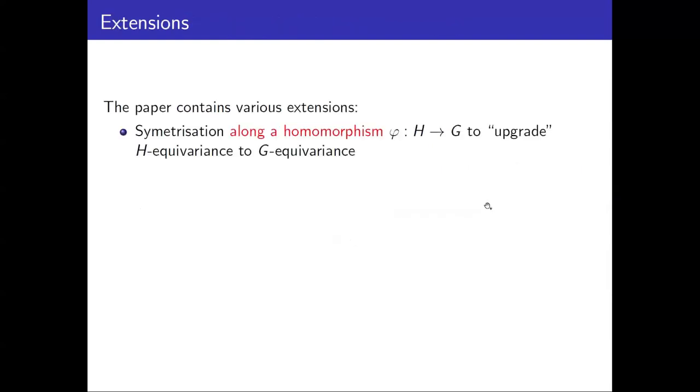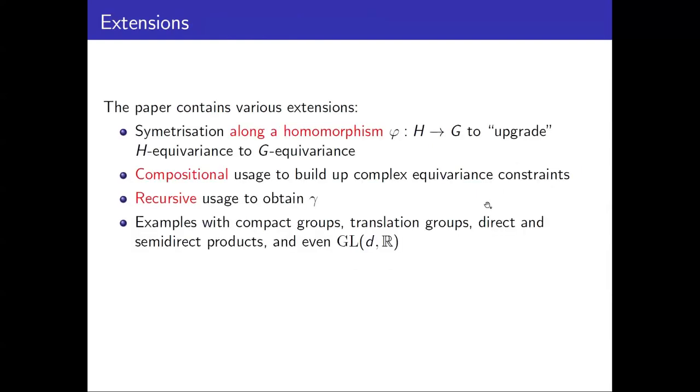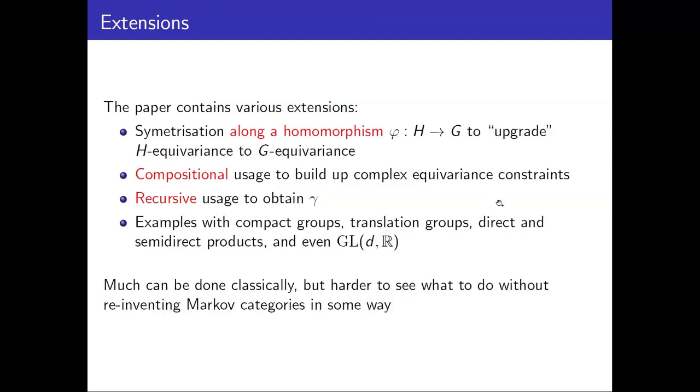I'm just going to briefly mention there's a bunch of extensions in the paper that bring out the benefits of using Markov categories. It's not just that it lets you describe this base case of symmetrisation, but it also lets you extend to a whole new suite of methodological possibilities that are just too hard to talk about with this infrastructure.